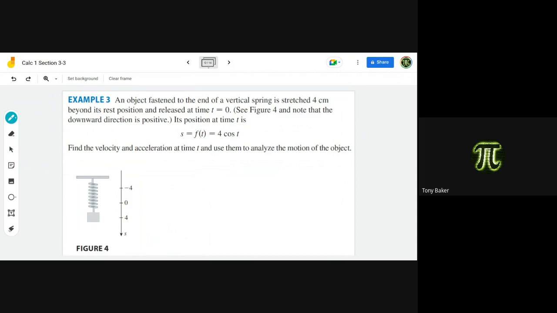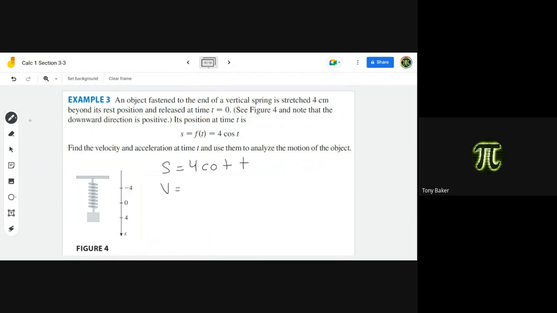What we want to find out though, is the position. I want to figure out what the velocity and the acceleration is of the spring. So how fast is it changing? So if S equals 4 cosine t, and this is why they use t, because t is time, what is the velocity going to be?